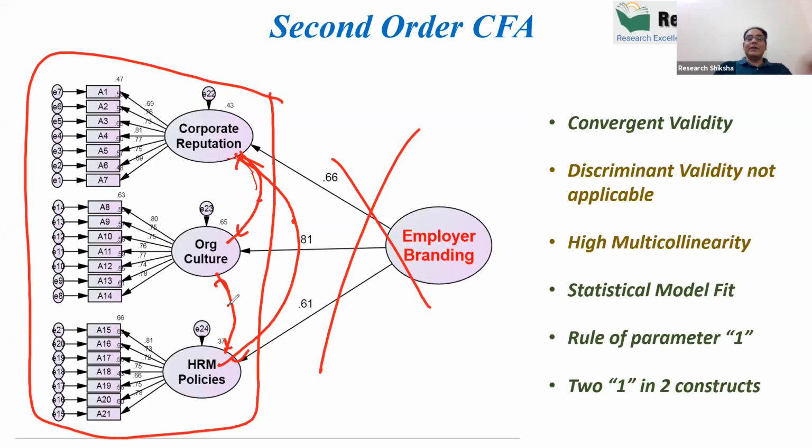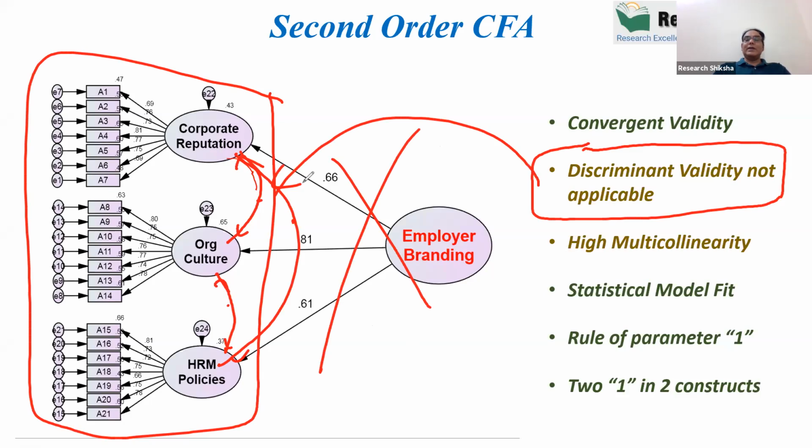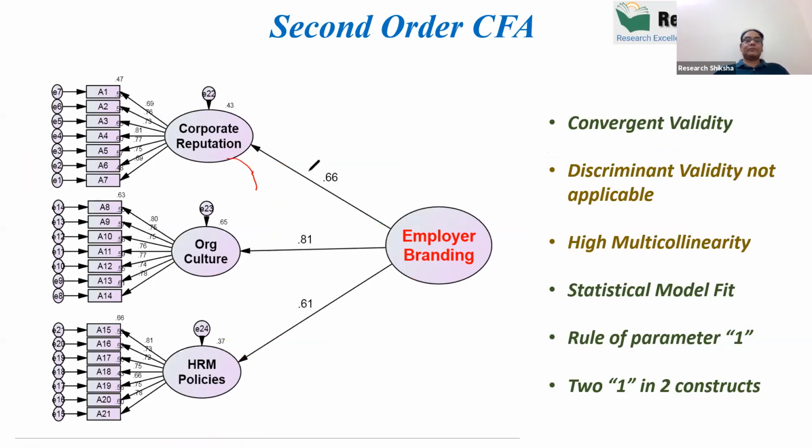It means the discriminant validity is not there, or we can say the multicollinearity problem exists among the three. So in simple language, when discriminant validity is not achieved in the first order, then you can show the validity by choosing the second order option. So this is the concept of second order CFA.